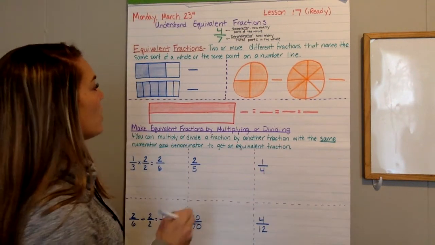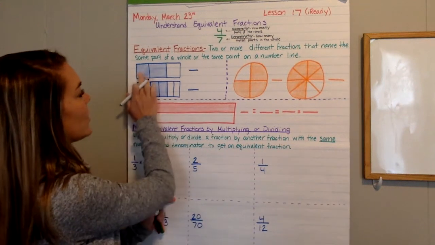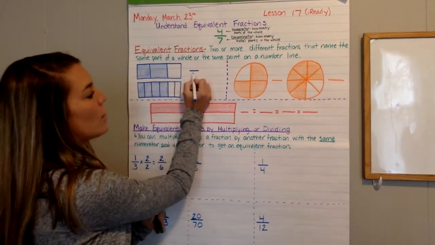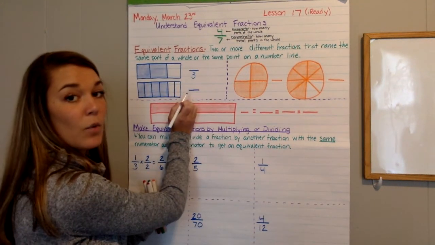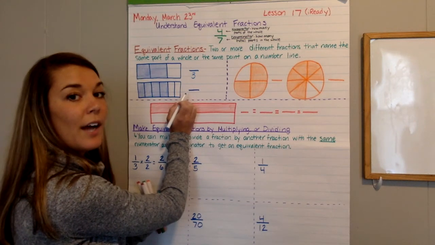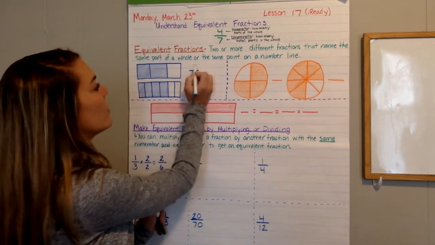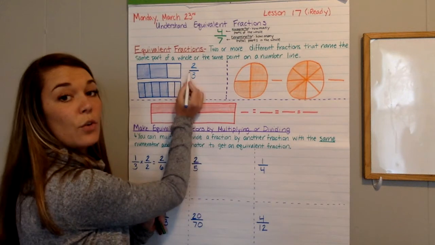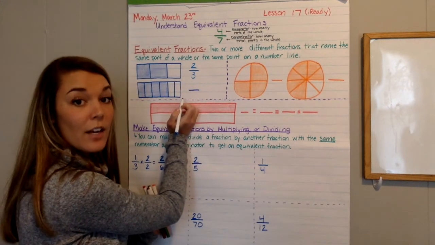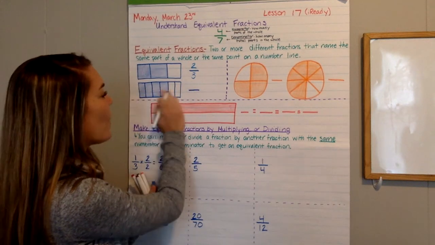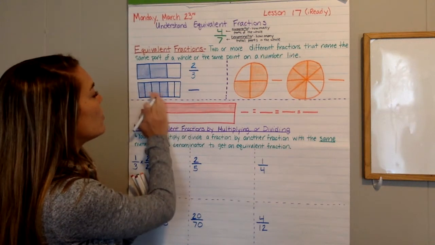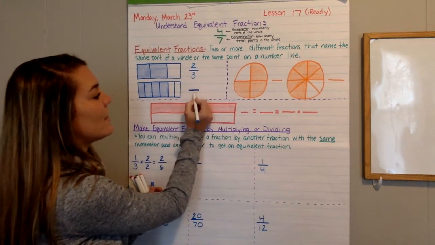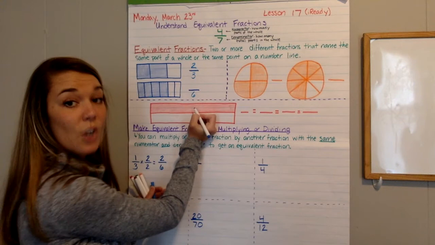So in this first one, I notice there are 1, 2, 3 parts total, right? 3 equal parts in this shape. How many are shaded? 1, 2. So 2/3 of this shape is shaded. Let's see what this shape represents. 1, 2, 3, 4, 5, 6. 6 equal parts in total.